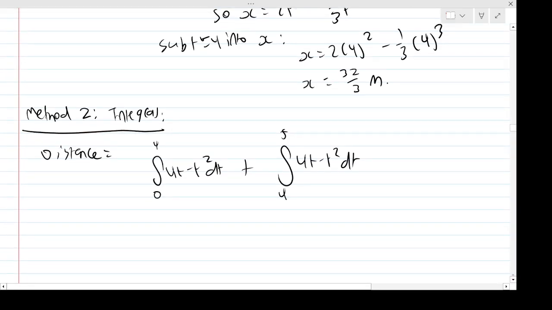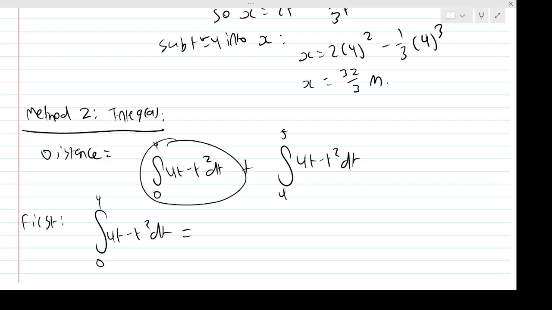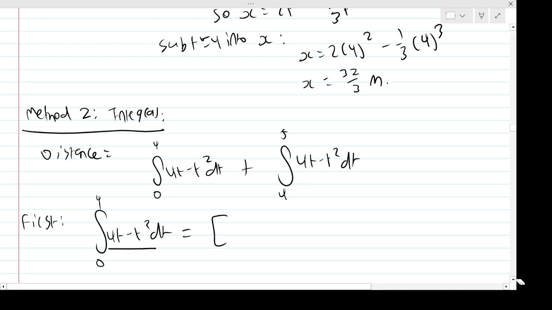So I'm going to compute this separately. So firstly, the integral from 0 to 4 of 4t take away t squared dt. Now, this might seem like a lot of work, but actually you'll realise once we work out the first integral, we can reuse that in the next one, because it's the same integral, right? So if we work out the integral of 4t take away t squared, that would be 4t squared over 2, then minus a third t cubed, right?